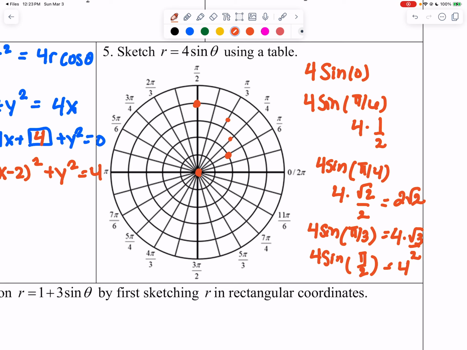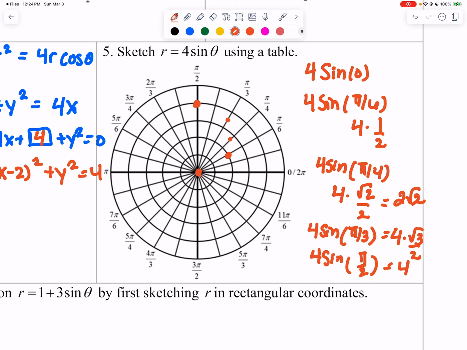Now what we're going to do essentially is 2 pi over 3, 3 pi over 4, 5 pi over 6, and pi. And hopefully you'll notice that because this is sine, this is essentially my y values right here, still going to be positive.